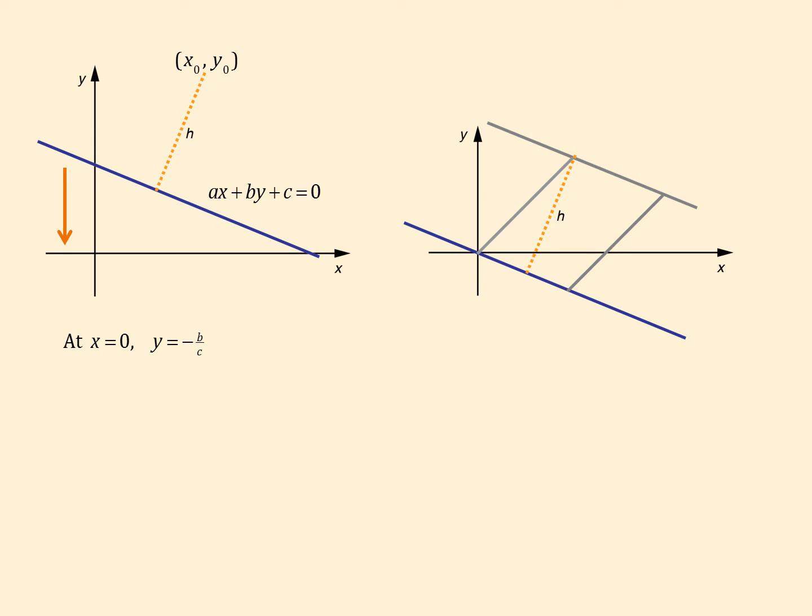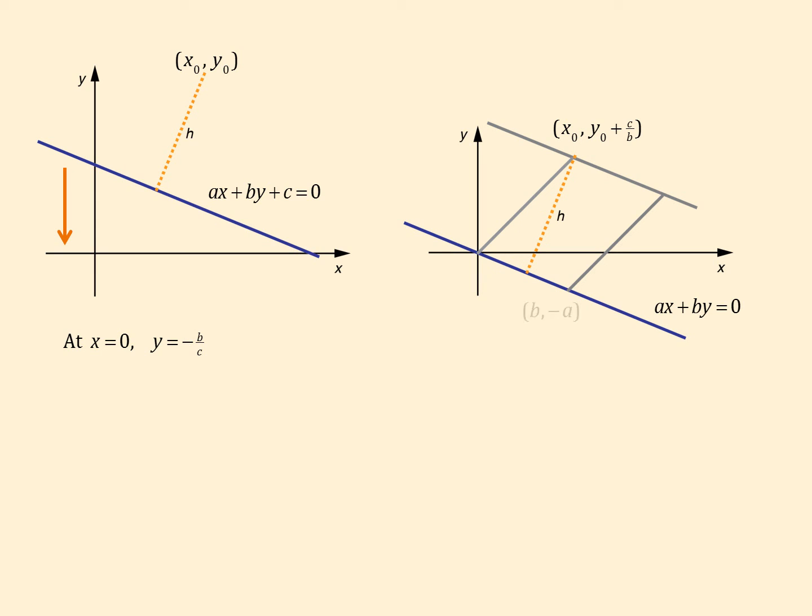So we're going to move the diagram down, and y0, take away minus c over b, gives y0 plus c over b. The line, because it's been moved downwards, has a new equation, which is ax plus by is 0.